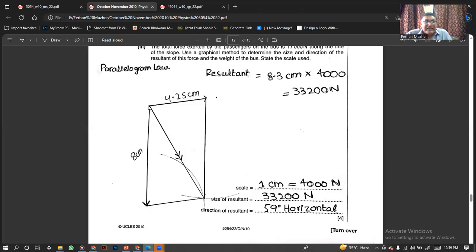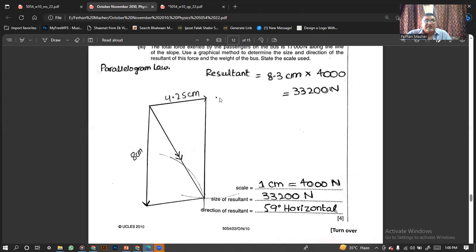So I will draw a line here which is 4.25 centimeter long, and it is making a 10-degree angle with the horizontal. Here I will draw a line because the weight of the bus is 32,000 Newton. So I will divide 32,000 Newton by 4,000 Newton and I will get 8 centimeter. So here I will draw a line of 8 centimeter, which will be making a 90-degree angle with the horizontal.